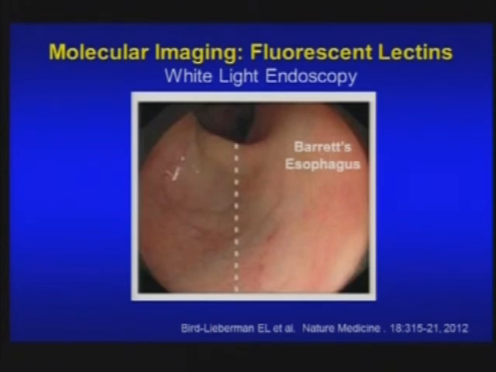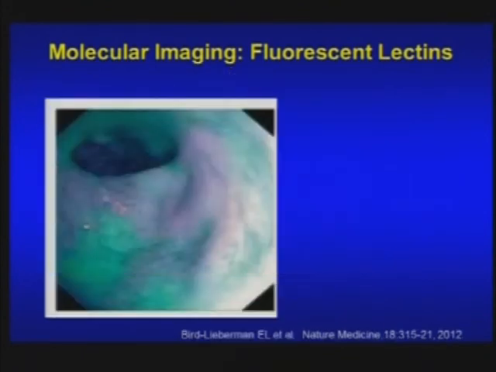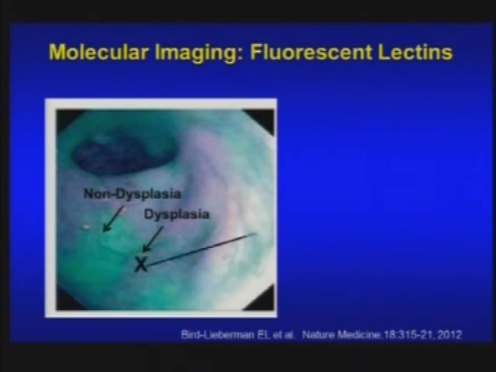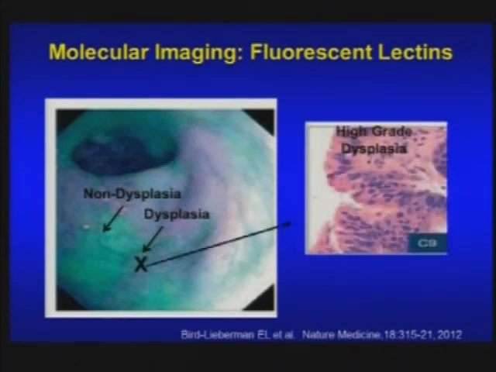You will note that on this image, there are no macroscopic abnormalities. I don't see any ulcers, nodules, mucosal defects. Can anybody see anything, Stu? No. Okay, so here's the same image where they tagged this fluorescent lectin. In a normal, non-dysplastic area, there's lots of green intensity. In the dysplastic area with less binding, it's showing up purple. When biopsies were taken from the purple area, they demonstrated high-grade dysplasia.